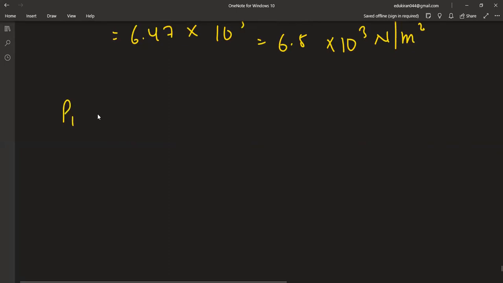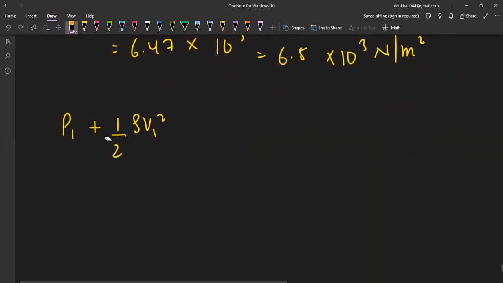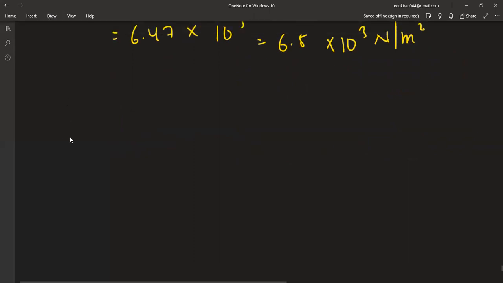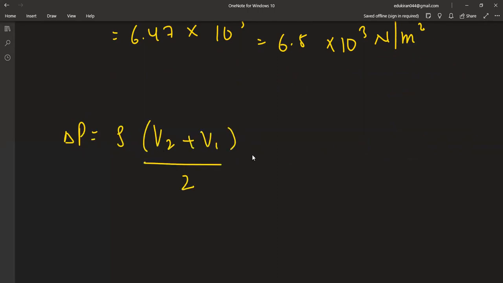Then in the second part, it is saying velocity V1 and V2, this is given to you. So P1 plus half rho V1 square, or directly let's write down the formula of the pressure change. So pressure change will be rho (V2 plus V1) divided by 2 into (V2 minus V1).